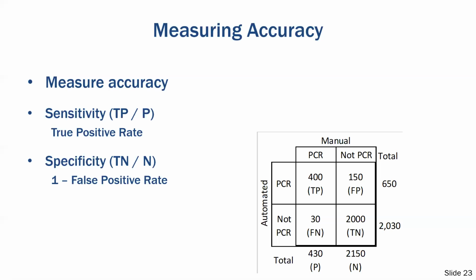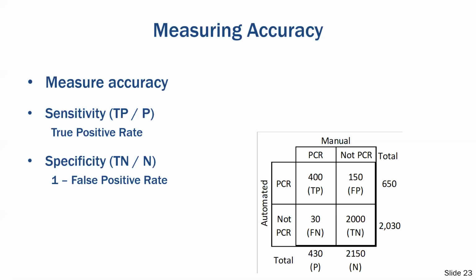And these are just notional example numbers. And it shows those and how they relate to the automated results from the machine learning algorithm. In this case, if you look down the columns, at the bottom, there's 430 projects that were manually reviewed as PCR and 2,150 that were found to be negative for PCR in the manual reviews.